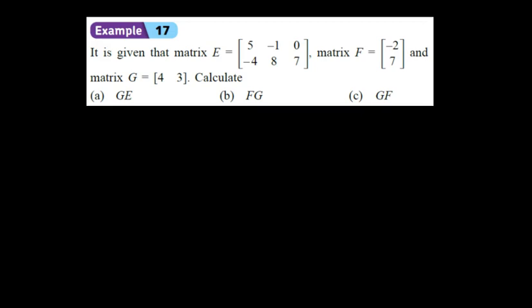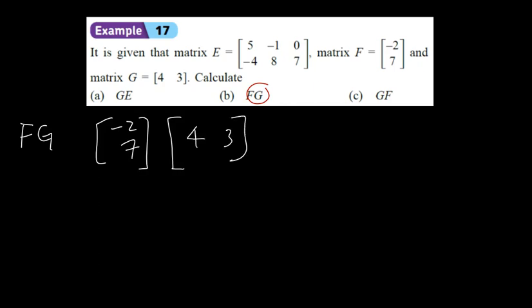Okay, next we go to FG, F times G. Your F is -2, 7, times your G, which is 4, 3.